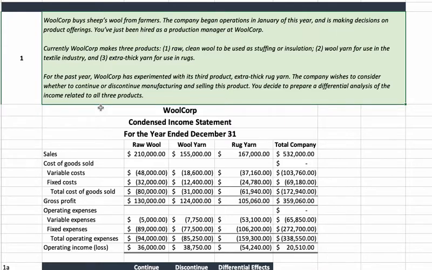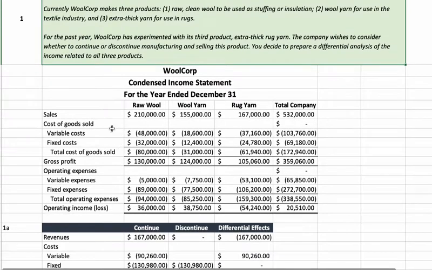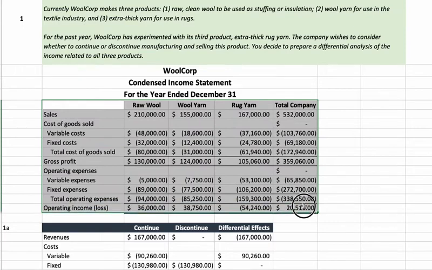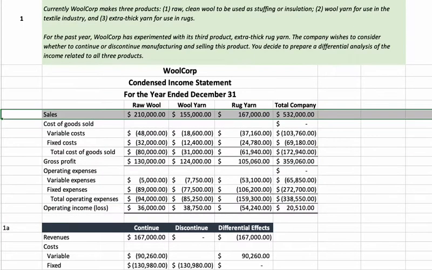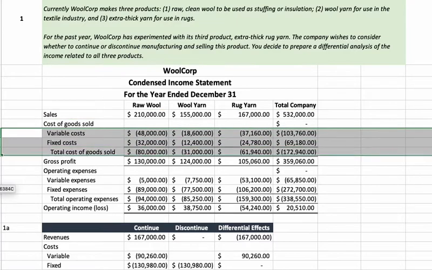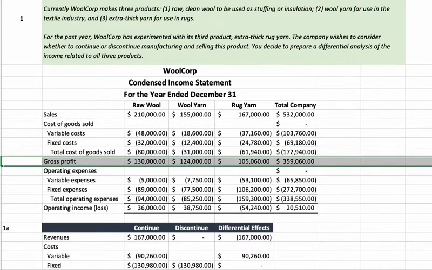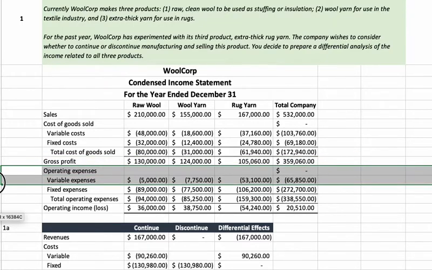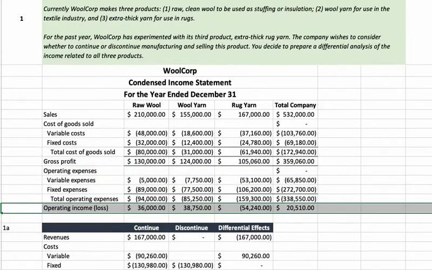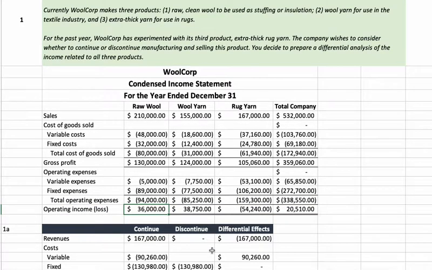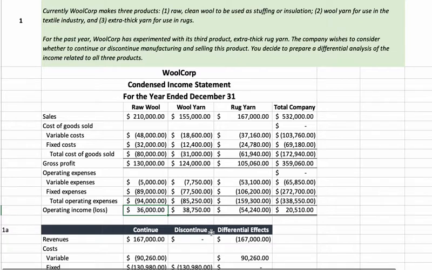You decide that you're going to prepare a differential analysis of the income related to all 3 products. So we've been given this information here. We know what our sales are for each one of the different segments, our cost of goods sold, what our gross profit is, and our operating expenses. So we see that our raw wool has an operating income of $36,000.